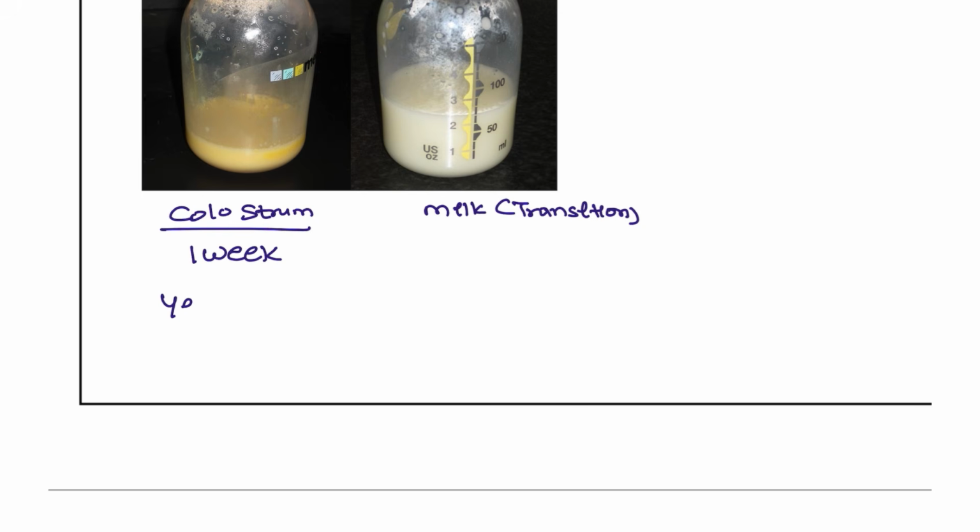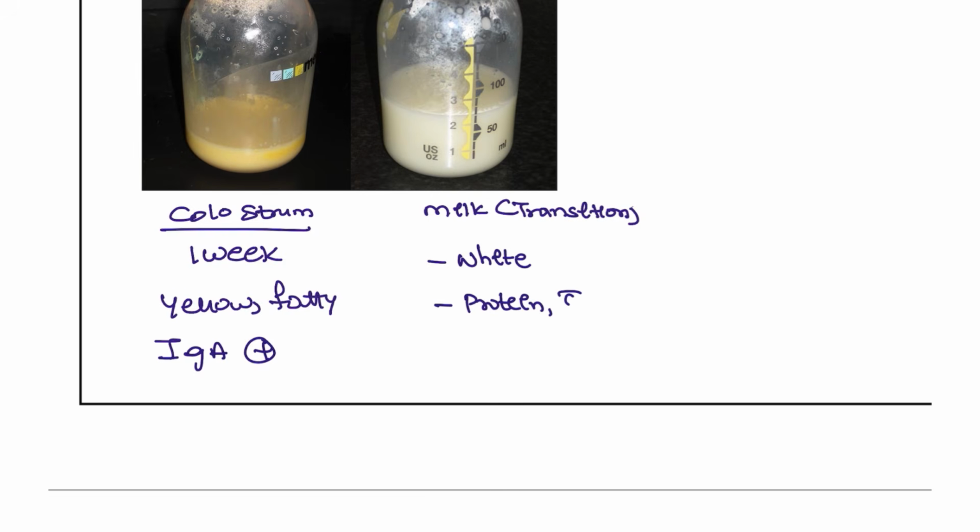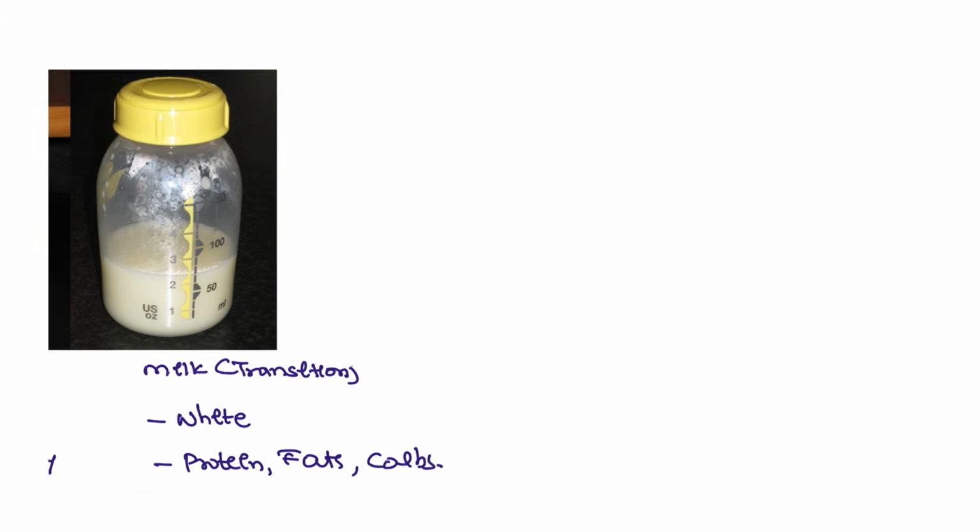How does the colostrum look? Yellow, thick, fatty, and increased IgA levels to help protect the baby from infections. And the transition milk will be white, and it has equal parts of protein, fats, and carbs. That is the transitional milk.